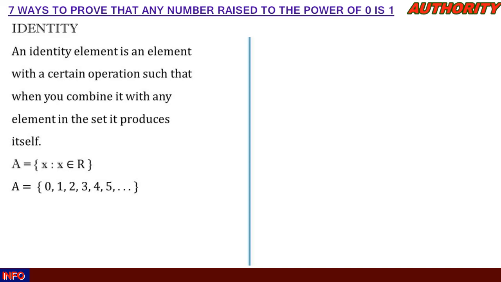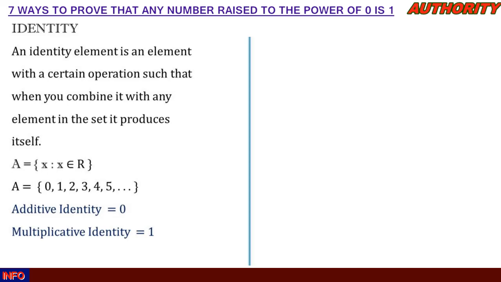Now, under identity element, we have different kinds of identity. We have what we call additive identity, and we have what we call multiplicative identity. So additive identity is what? It is 0.